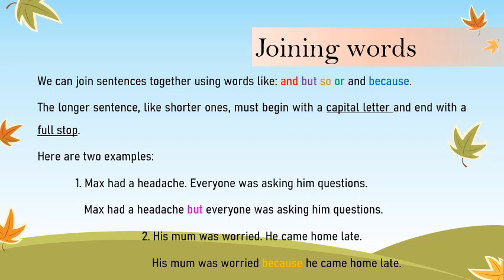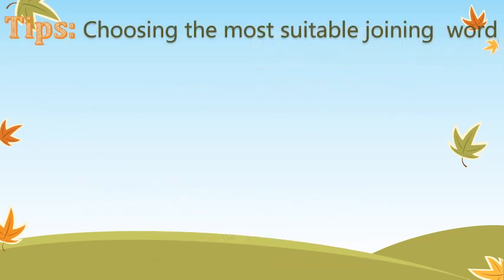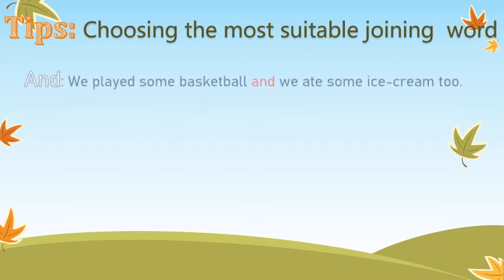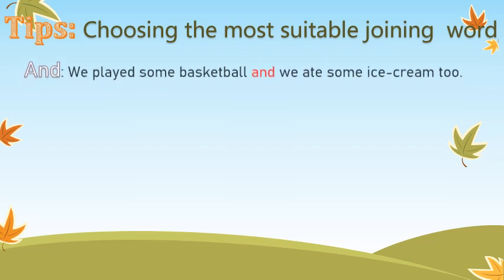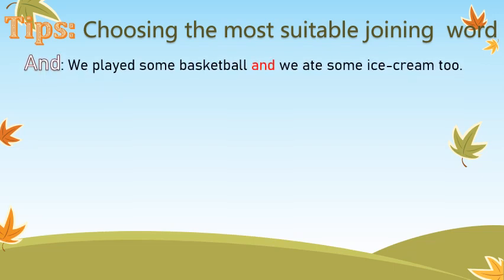Here are some tips in using joining words. And: we played some football and we ate some ice cream too. In this sentence, the first part before the joining word "and" is not directly related to the second part.